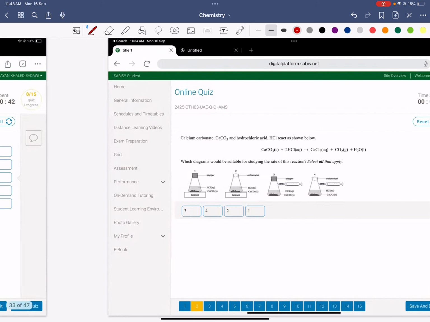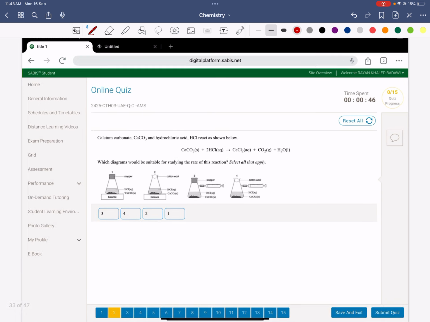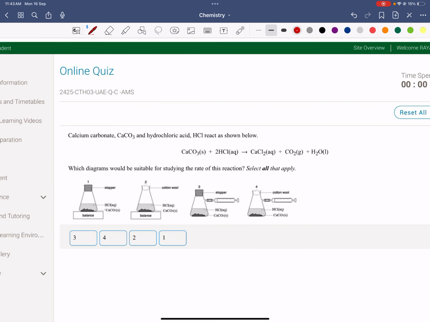Okay, let's go next. Calcium carbonate and hydrochloric acid react as shown in the reaction below, and they're asking us which diagram would be suitable for studying the rate of the reaction. Of course, if we want to study the rate, we have to check what we are producing. We're producing CaCl2 and CO2, which is the gas. Forget about the water.